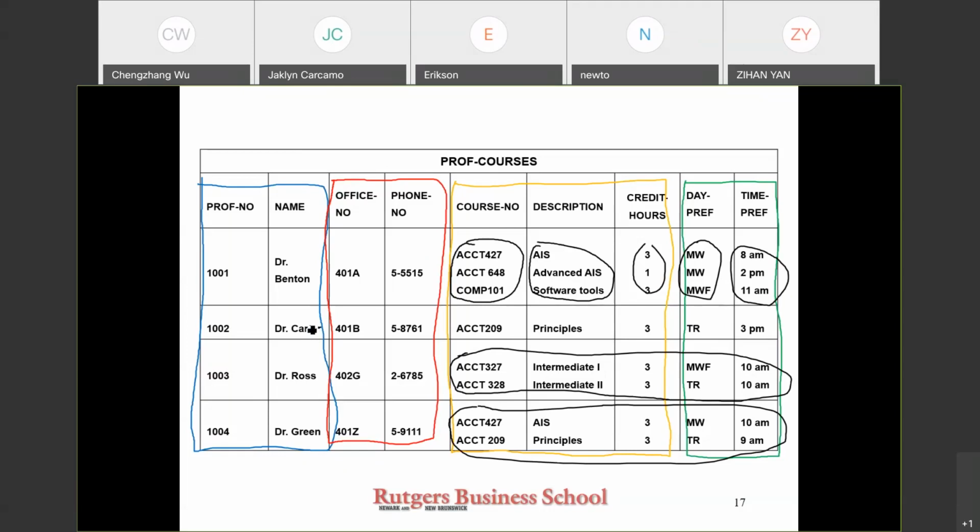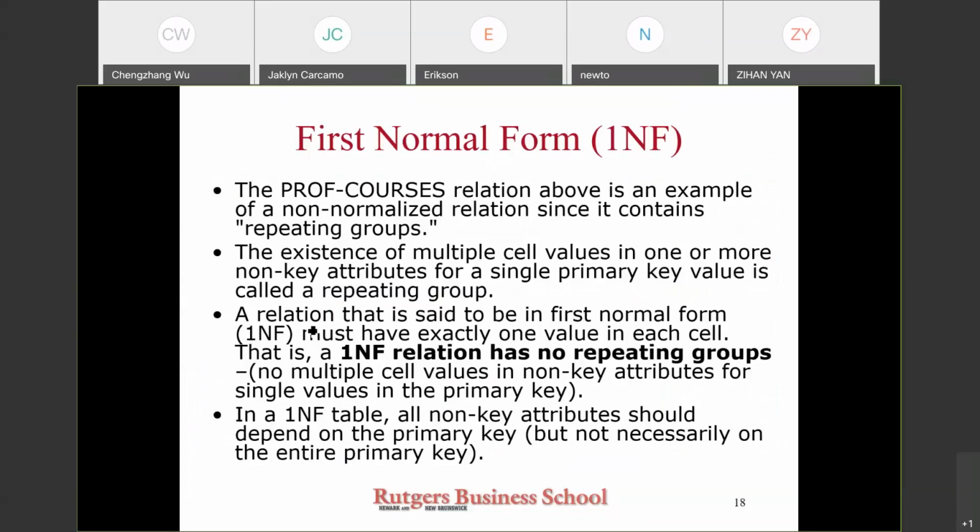So this is an example of non-normalized relation, simply because of repeating groups. The existence of multiple values in one or more non-key attributes for a single primary key value is called repeating groups.